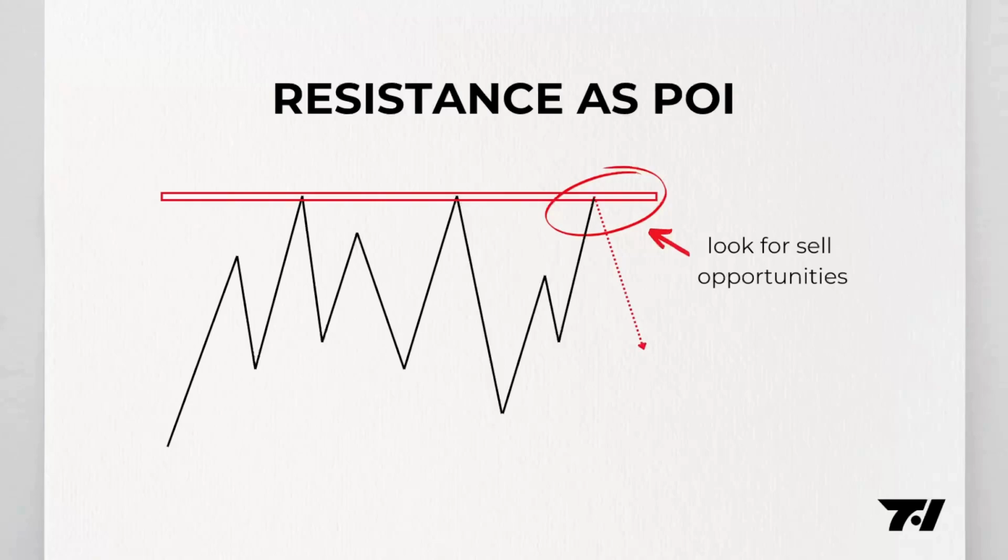Because when you find support, the natural reaction is for price to hit support and then move further up. And as for resistance, as soon as price hits resistance, the natural reaction for price is to move lower. That's why you look for sell opportunities. So let's go to the chart now, and I will show you how all these look on the live chart.